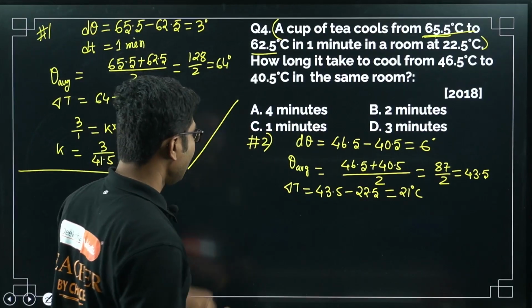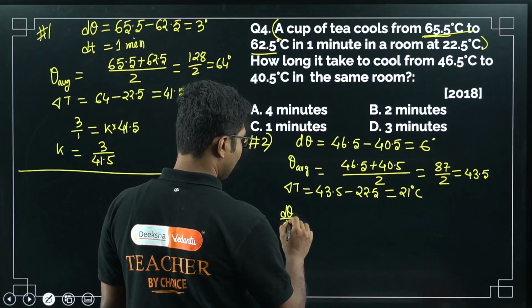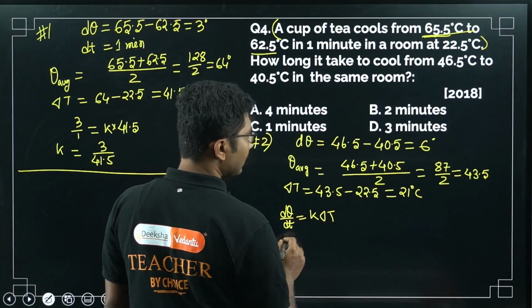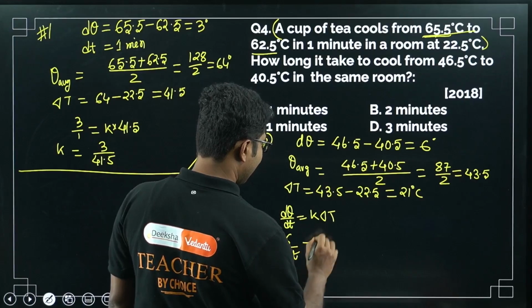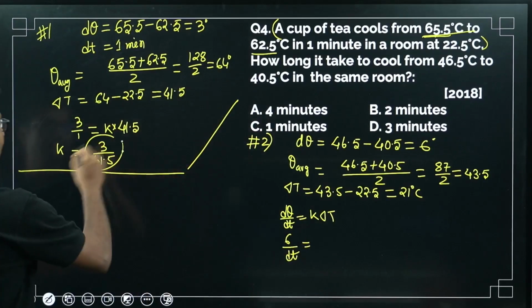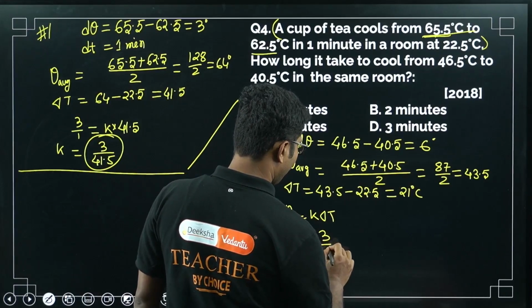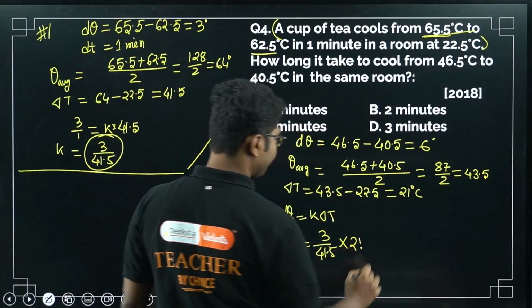Now apply the law of cooling. So d theta by dt is equal to k delta T. d theta is 6 here, dt we don't know, k is already calculated, 3 divided by 41.5, and delta T is 21.